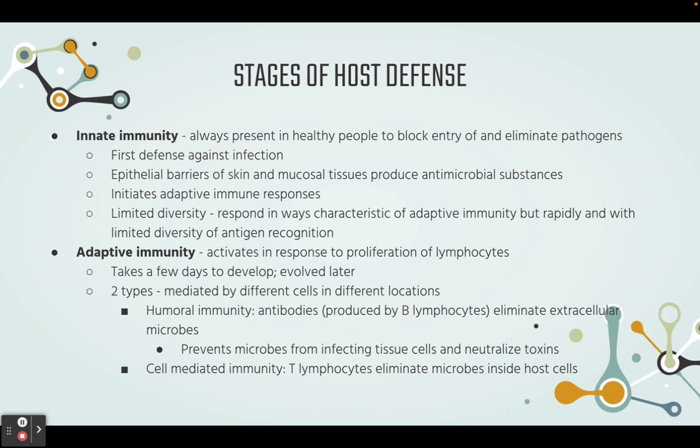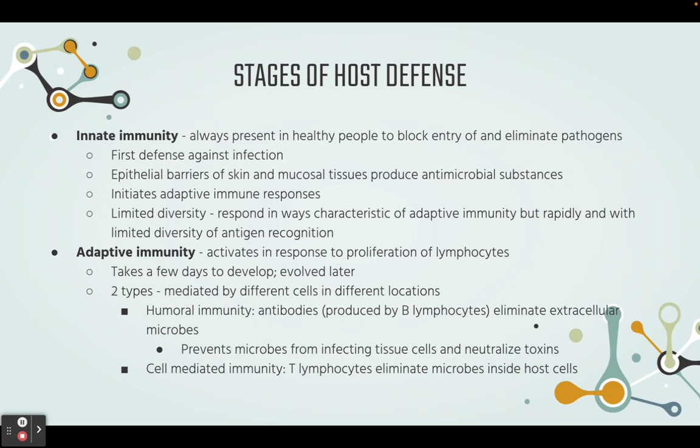This is in contrast to adaptive immunity, which activates in response to the proliferation, or just generation, of lymphocytes, which are a certain kind of cell. And it takes a few days to develop, and it evolved as a body's natural response later in evolution. There's two types of adaptive immunity that are distinct by being mediated by different cells in different locations.